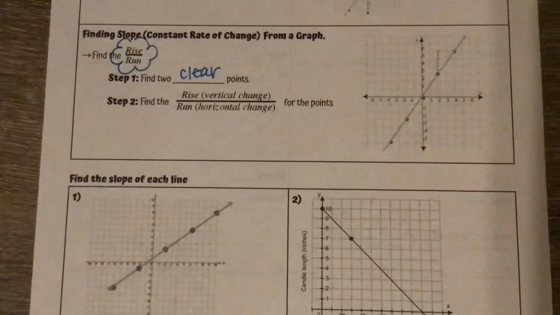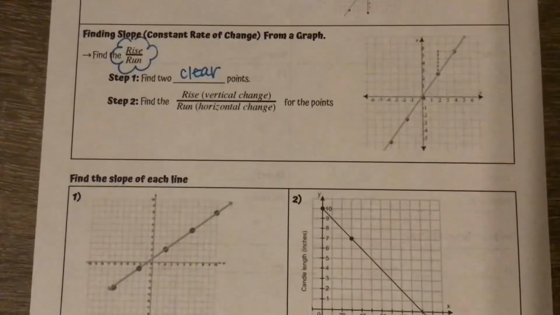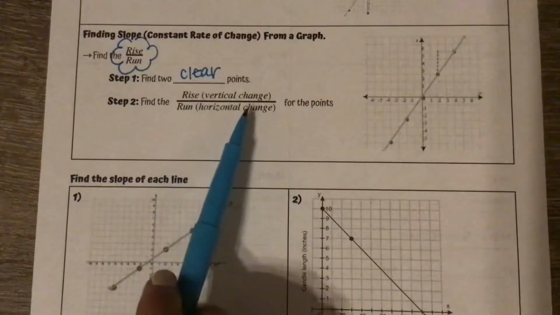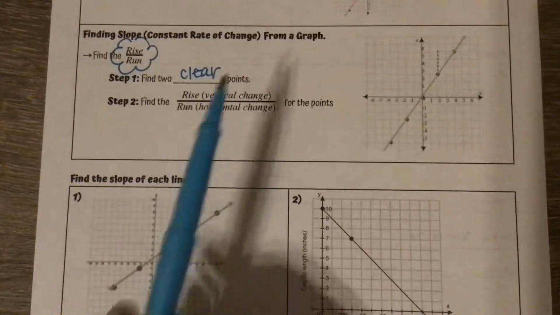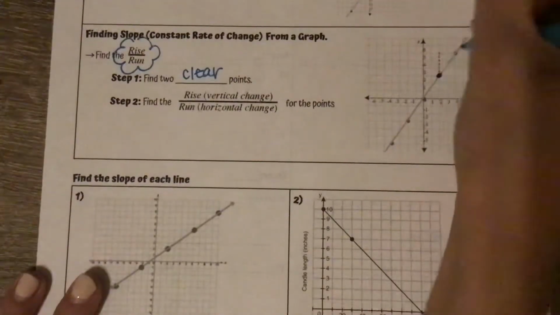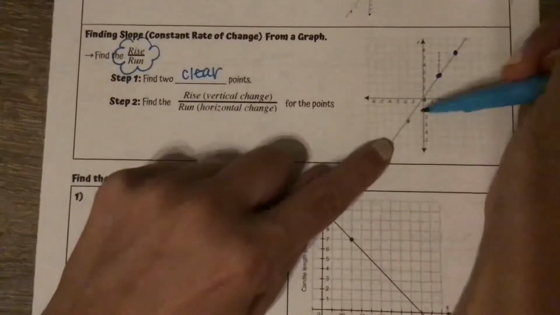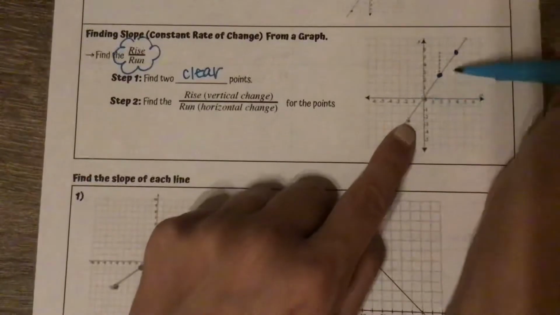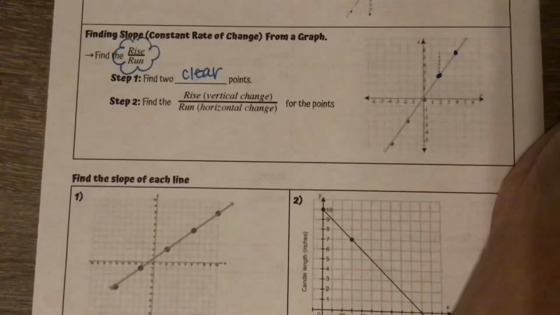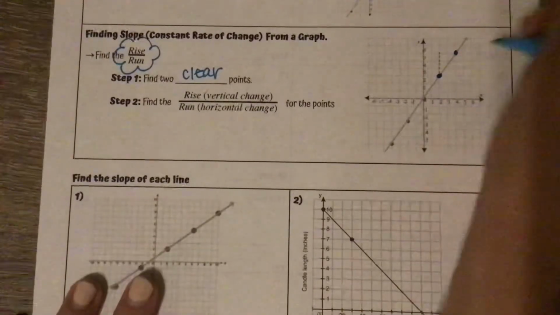You don't want to pick something that could be in the middle of the coordinate grid that we don't have an exact value for. And then we find the rise, so the vertical change, over the run, the horizontal change, for the points. So if we were looking at this, I'm picking these two distinct points. I could pick these two, I could pick these two, as long as they're clear points. The closer together, the easier, and I like to work with these positive values here.